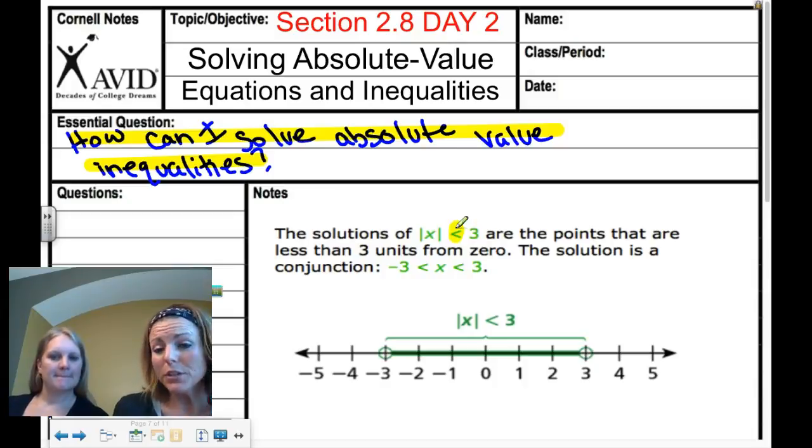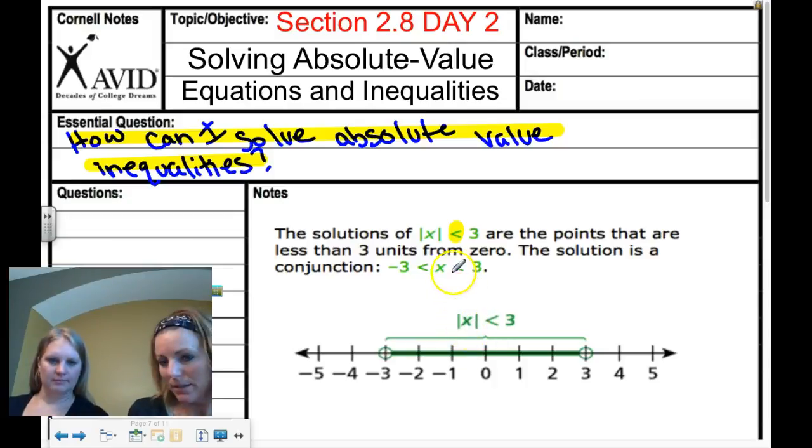In our first example, we are talking about solutions that are less than 3. The absolute value of x is less than 3. What that means is the solution set will be any numbers that are less than 3 units away from 0.